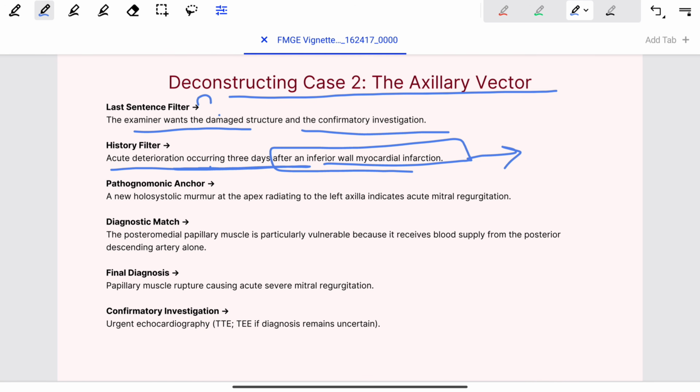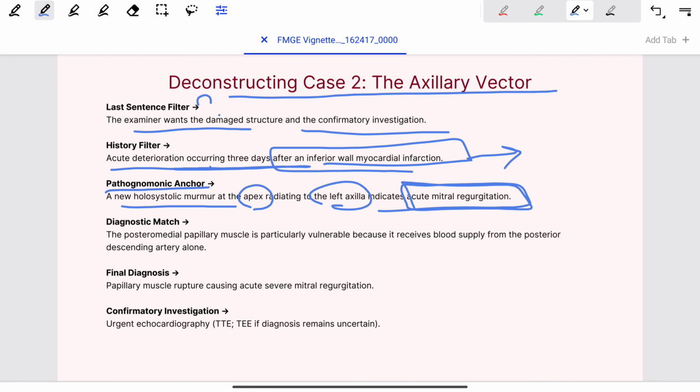Now identify the diagnostic anchor. A new holosystolic murmur heard at the apex and radiating to the left axilla is the classic description of acute mitral regurgitation.